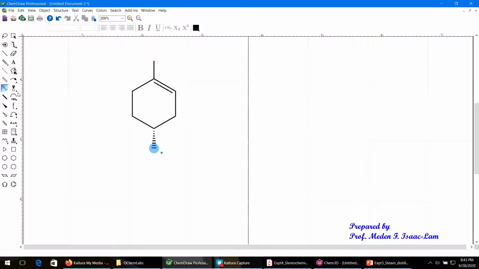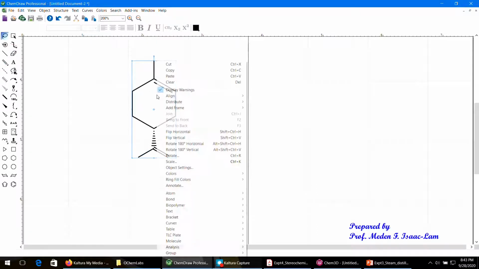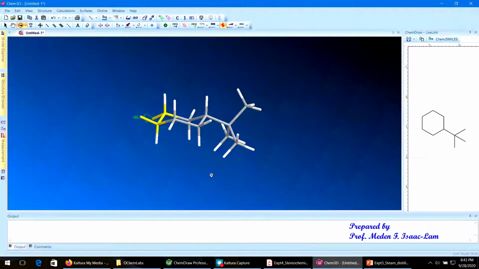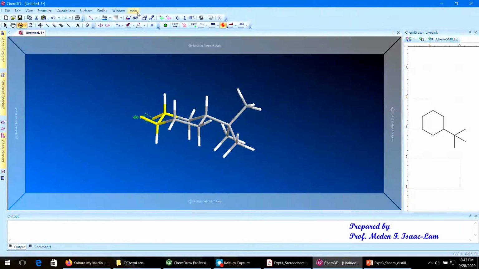and then there is a methyl attached, and then a double bond. So again, we are going to transfer this picture or this image in Chem 3D. So we are going to clear this.